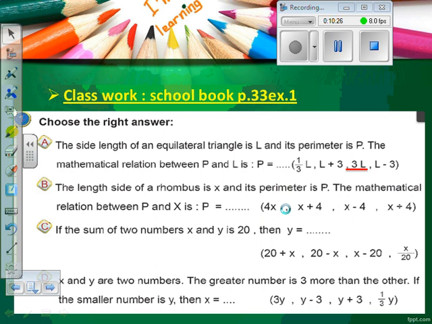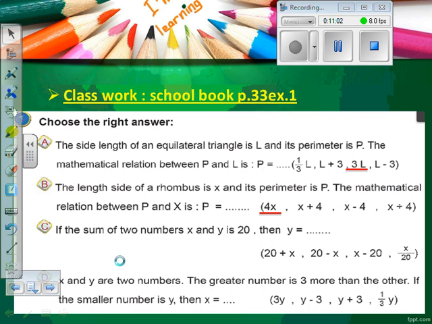If I know that the side length is X and we have four equal sides, the perimeter will be the sum of the outlines. It means X plus X plus X plus X, or it means 4X. Excellent.